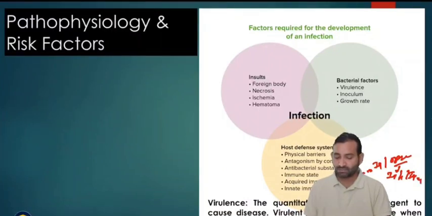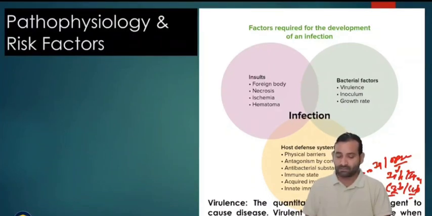Similarly, we have the C3b complement factor, right? C4b complement factors, right? So these opsonins help in the phagocytosis. They enhance the phagocytosis rate, so that our immunity remains stronger.